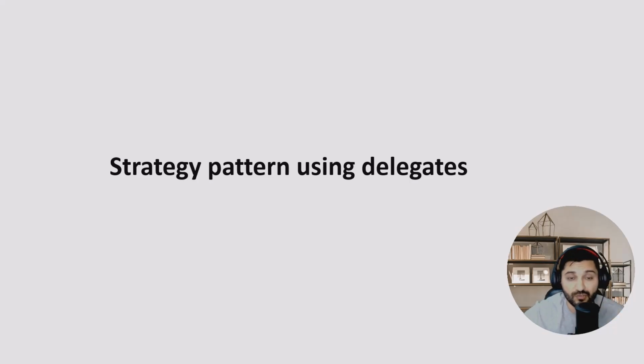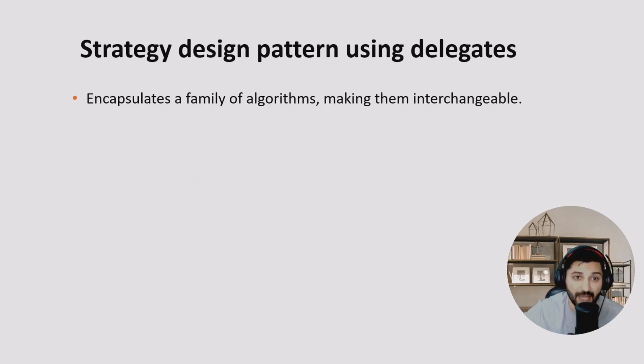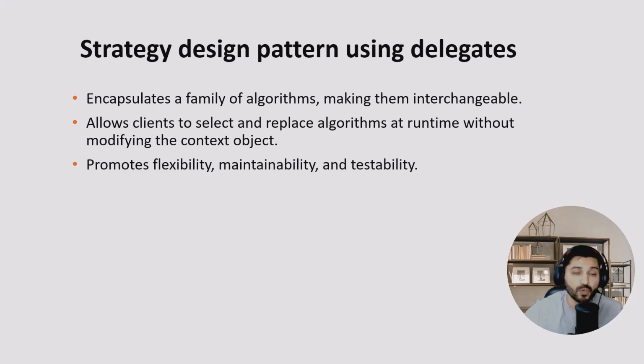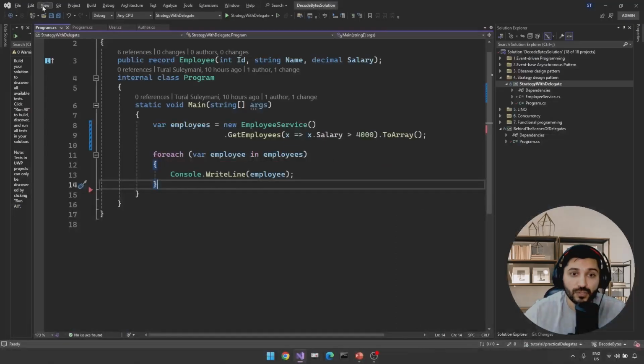But first, let's try to understand what strategy design pattern is. Strategy design pattern encapsulates a family of algorithms, making them interchangeable. It allows clients to select and replace algorithms at runtime without modifying the context object and promotes flexibility, maintainability, and testability.